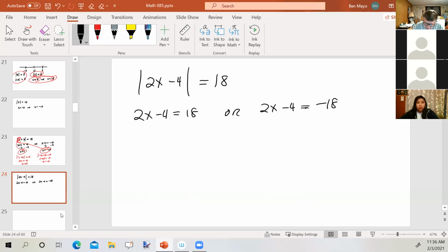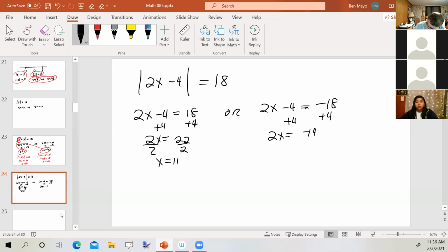Again, solving each equation, the left equation we'll add 4 to both sides. 2x equals 22. Divide both sides by 2, x equals 11. The right equation, add 4 to both sides. 2x equals negative 14. Divide by 2, x equals negative 7.